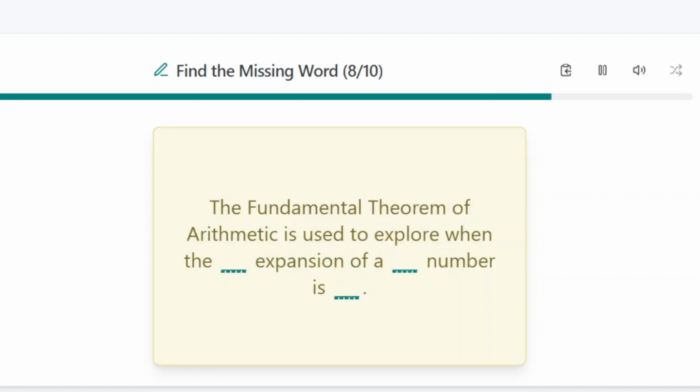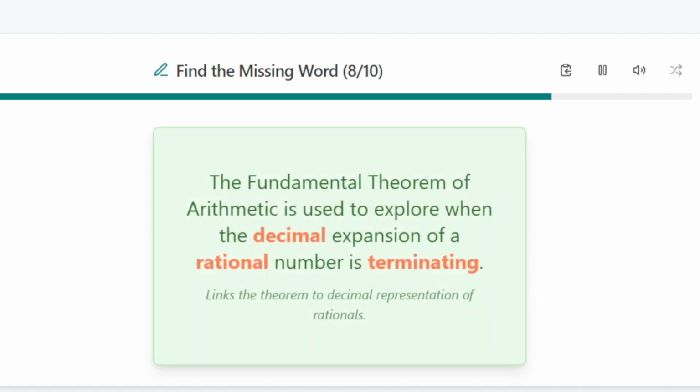The fundamental theorem of arithmetic is used to explore when the blank expansion of a blank number is blank. Decimal, rational, terminating. Explanation: links the theorem to the decimal representation of rationals.